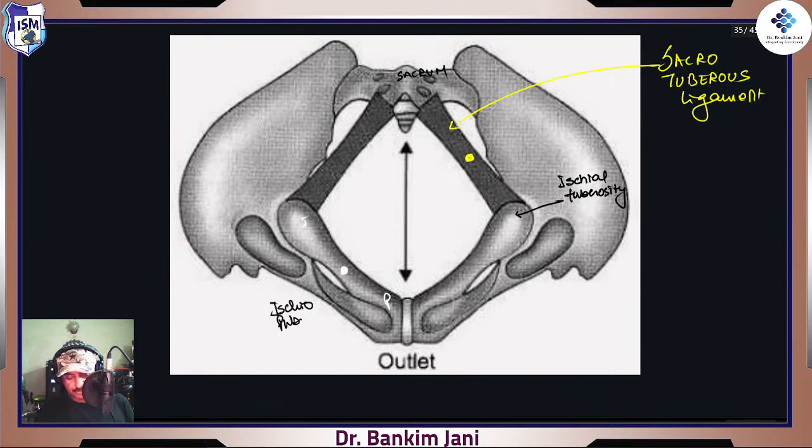So from that point to the midpoint of the sacrotuberous ligament, that's the oblique diameter. And then ischial tuberosity to ischial tuberosity, that is the transverse diameter.